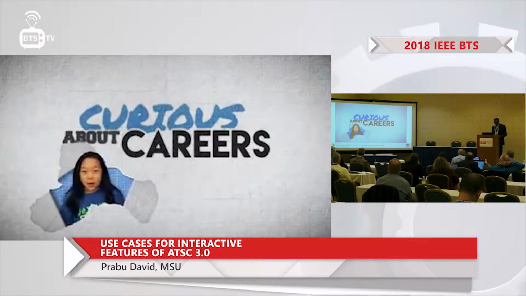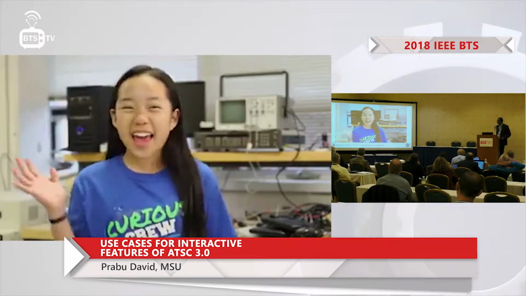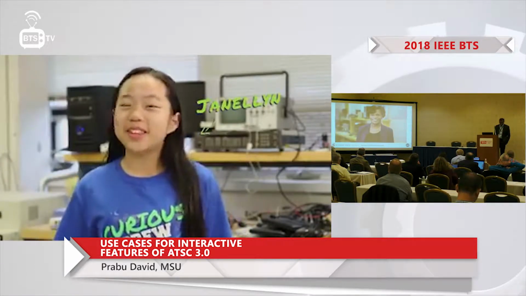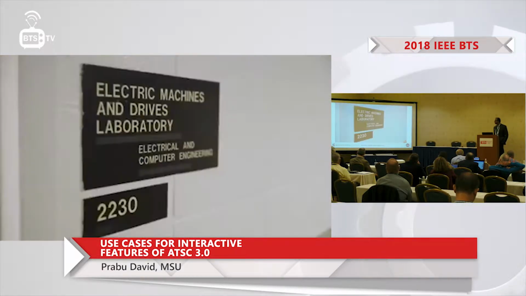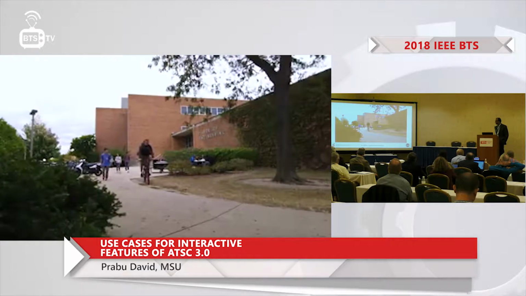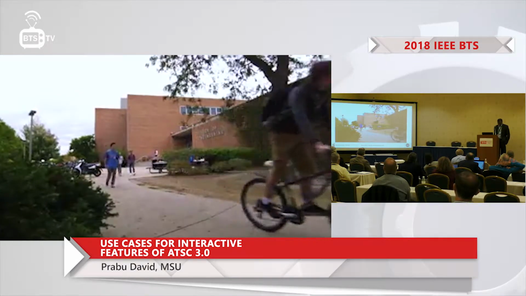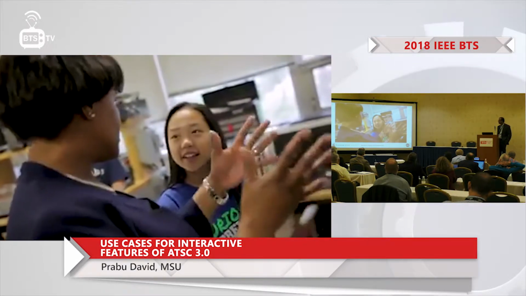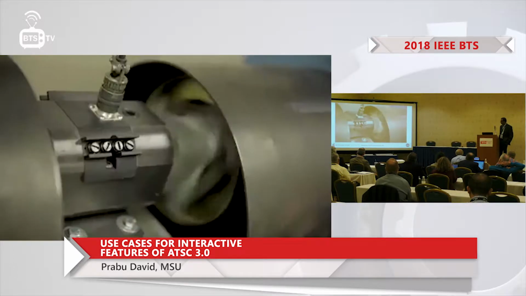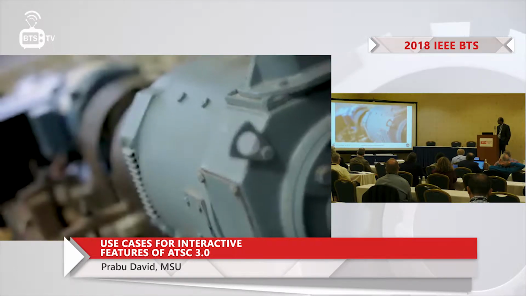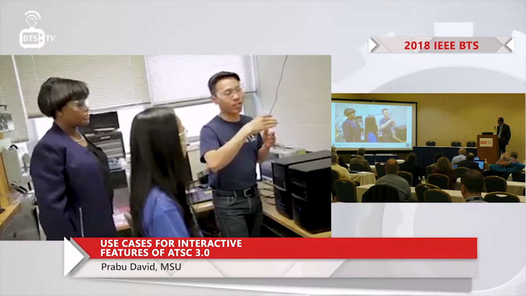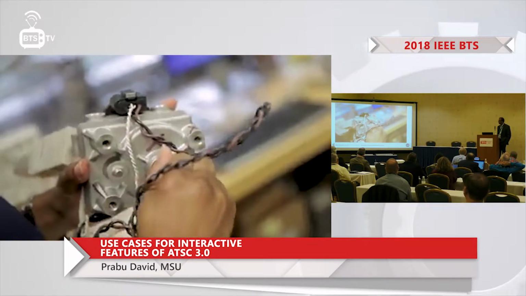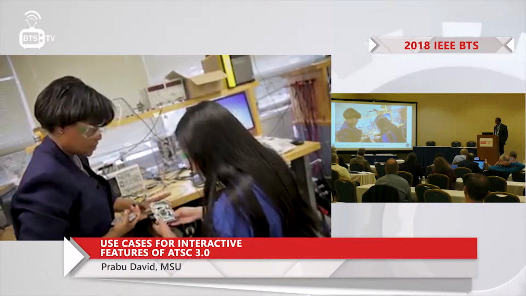Are you curious about careers in science? Hi, it's Jenilyn, and today I'm here with Dr. Chanel Foster. So where are we today? You are in the Electrical Machines and Drives Lab at Michigan State University within the College of Engineering. I advise and supervise students. We work on motors and generators, so we design them, we develop control for them, we work on their reliability and manufacturability, so making them easy to manufacture.